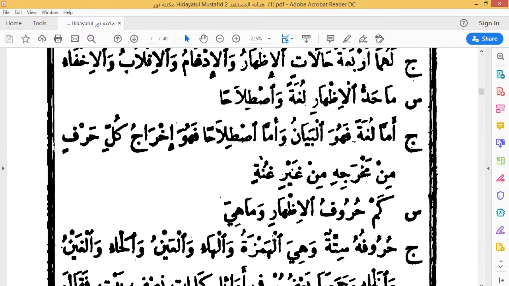Kam huruful izhar, and this izhar has letters that you need to be on the lookout for. Firstly, all the rules we are discussing here have their specific letters. But before you look for those letters, you need to be sure that Noonus Saakina or tanween has actually occurred.